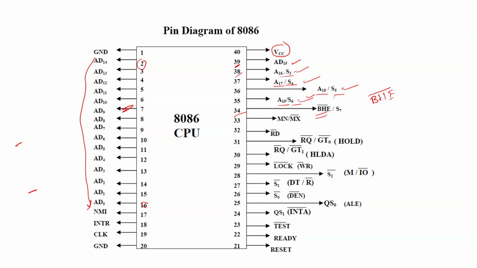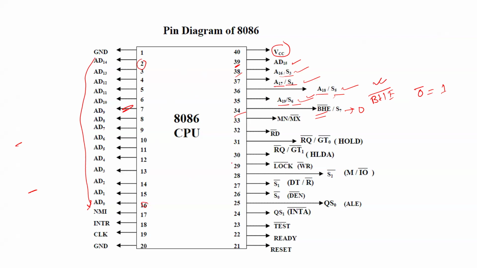Bar means if I give 0 in this pin, what is the meaning of 0 bar? It is 1, as per our digital knowledge. So at that time, this BHE signal will be activated. If I give 0 in pin 34.